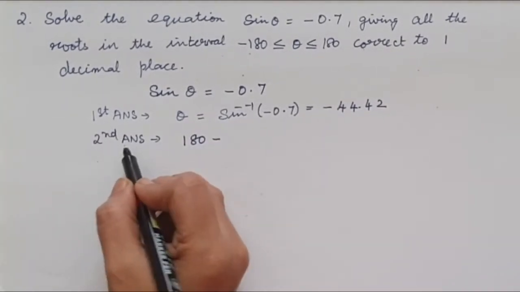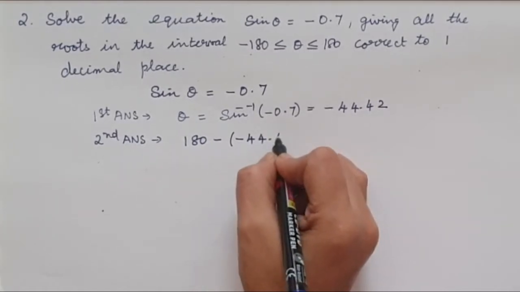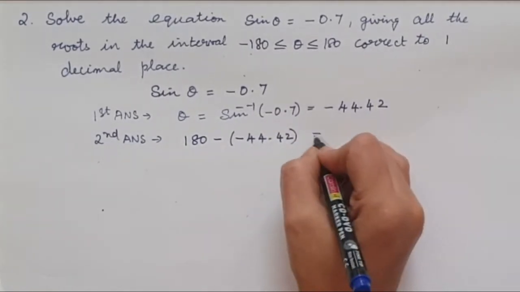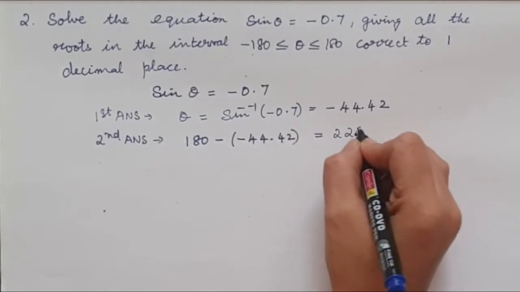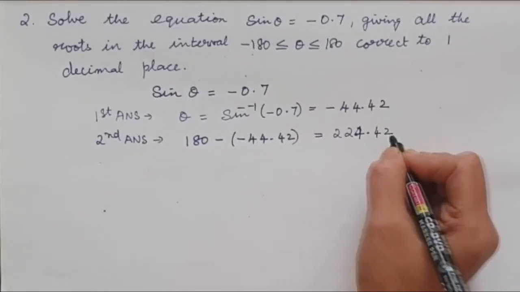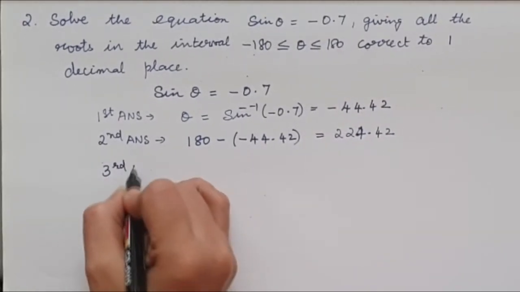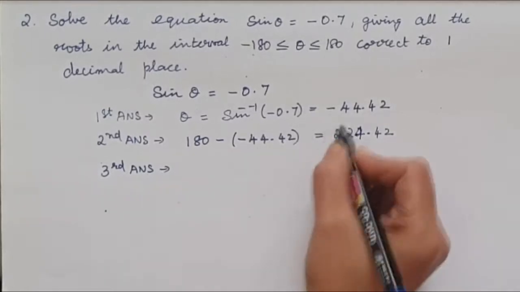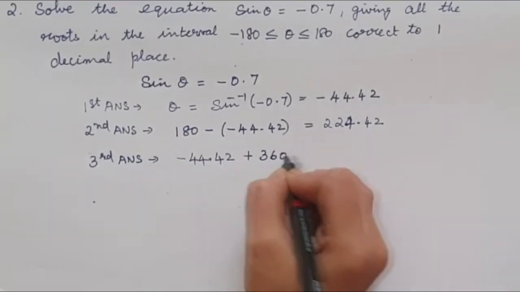Now to get our second answer, 180 minus of minus 44.42. So this will give us an answer of 224.42. And then we will go for our third answer. Third answer will be the first answer, minus 44.42, plus 360.